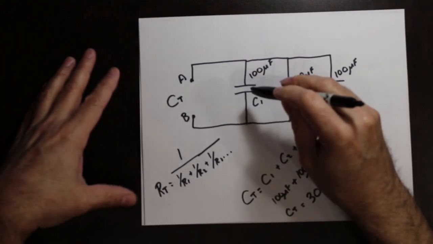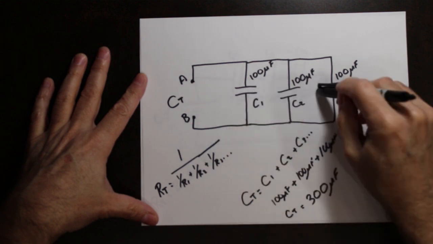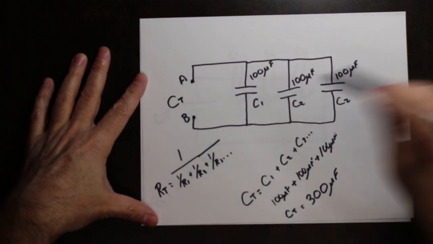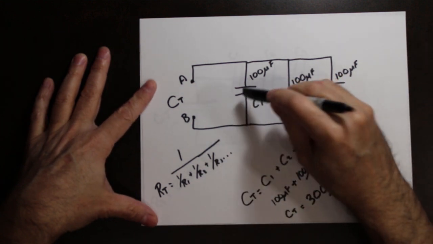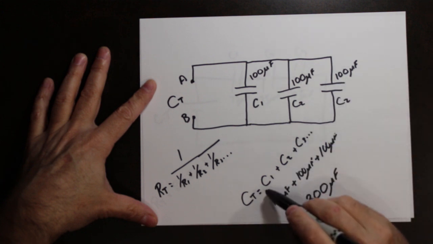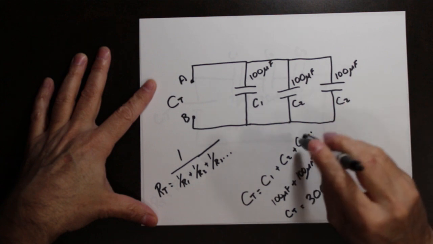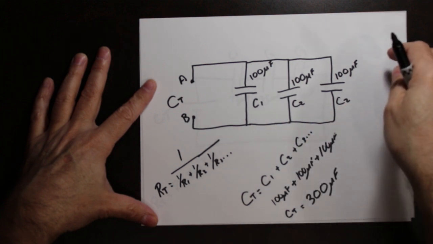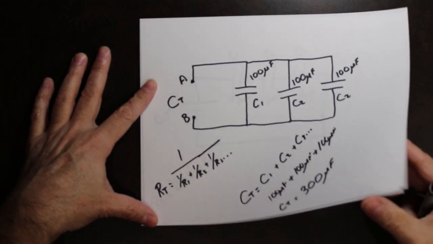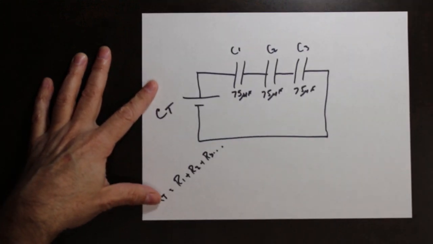We know the formula for resistors in parallel, but we just talked about capacitors in parallel giving us this formula. So what formula do you think will work for capacitors in series?